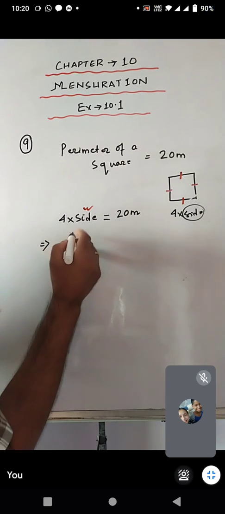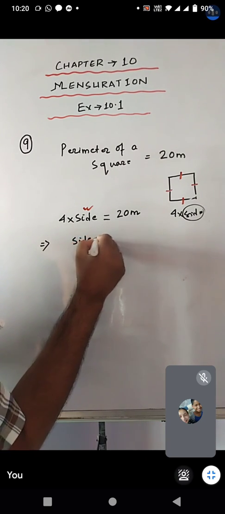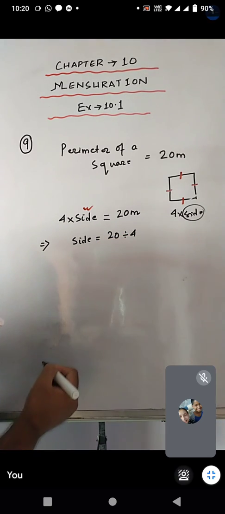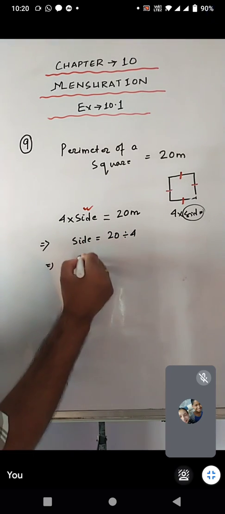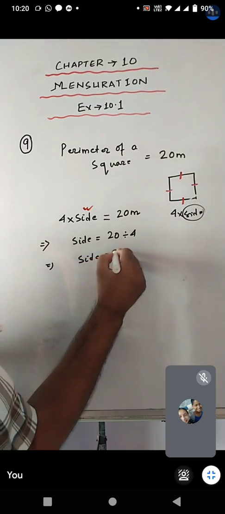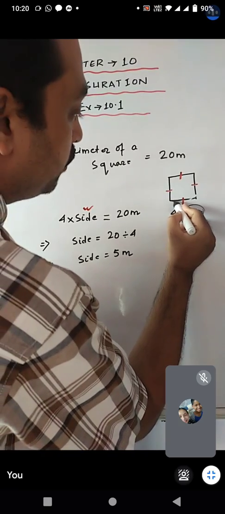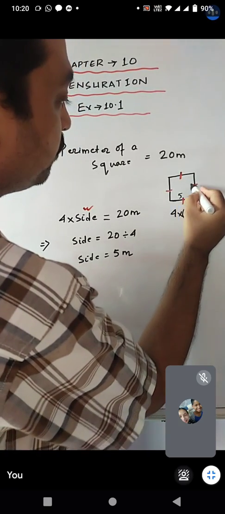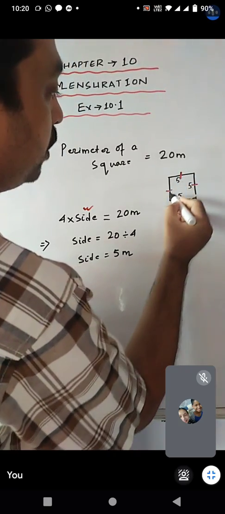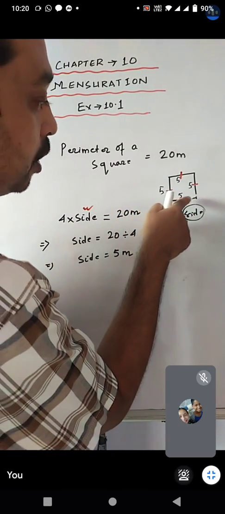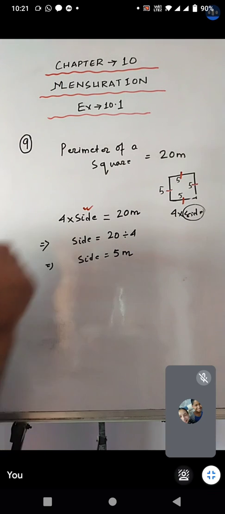On the next step we write: side equals 20 divided by 4. 20 divided by 4 is 5 meter. That means each side measures 5, so the measurement of each side of the square is 5 meter.